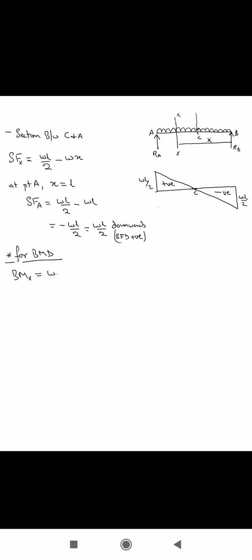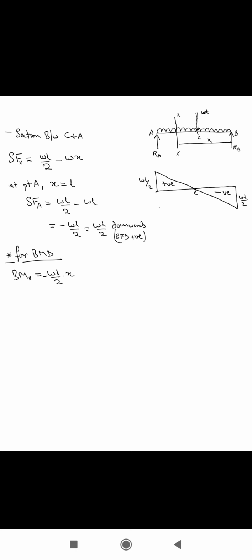Now for bending moment it is quite essential for us to draw this. Let's say that we'll go with the RB. So RB was WL by 2 into X. Now this is with the negative sign.